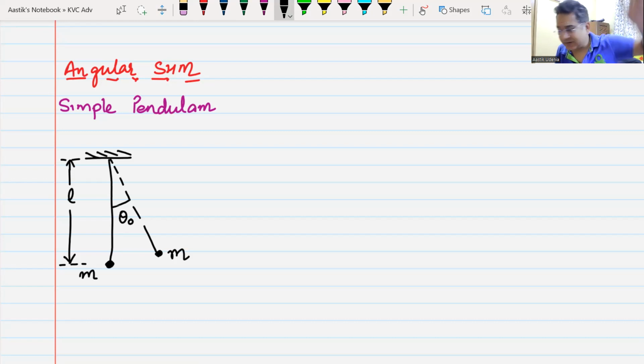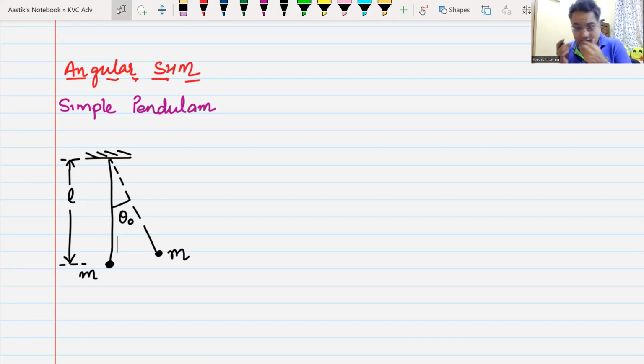Now, this angular SHM is exactly the counterpart of linear SHM. How is it a counterpart of linear SHM?